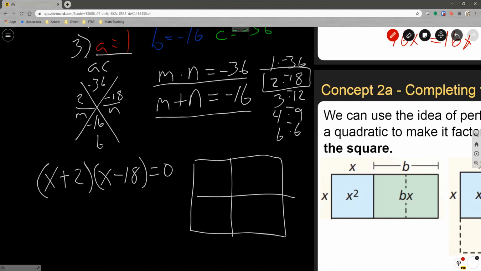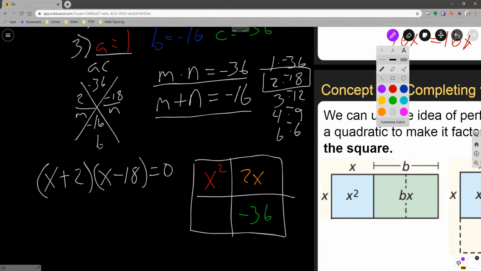So my ax squared is just x squared. My c value is -36. My mx value is 2x, and my nx value is -18x. And now I just factor. This is a reverse table method for factoring. So I'm going to have x times x.